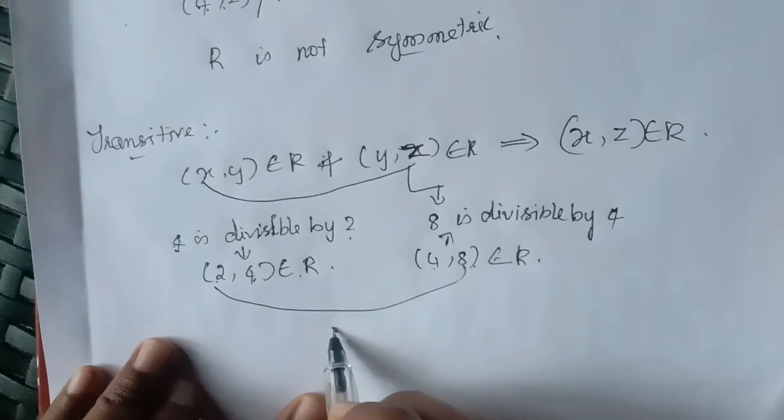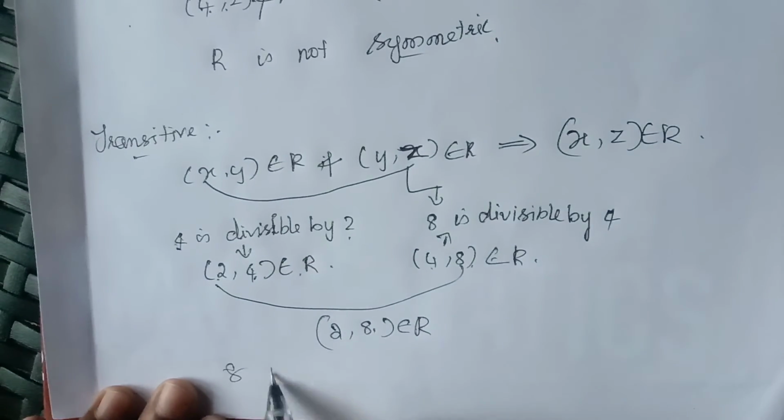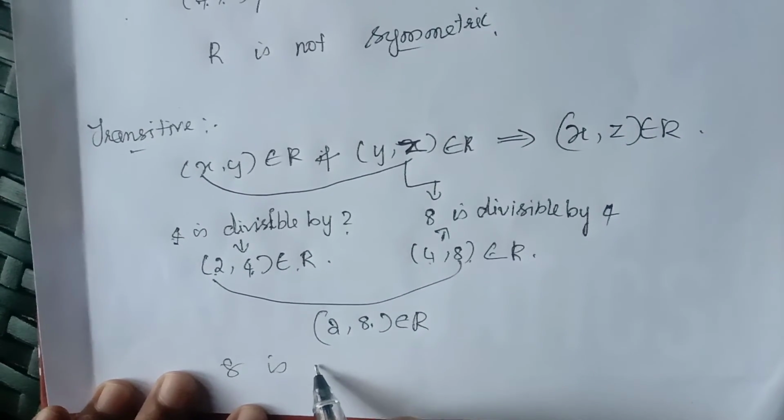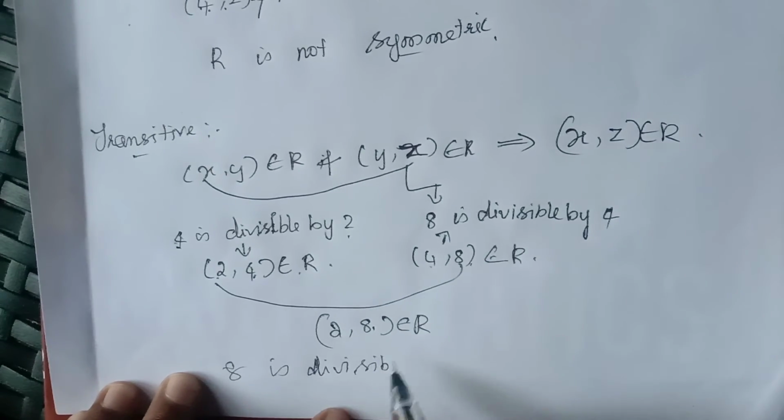So we have to check (2, 8) belongs to R. We know 8 is divisible by 2, so (2, 8) also belongs to R.